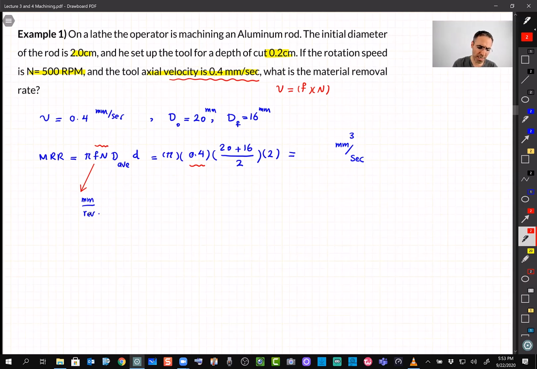So what is their relation? f multiplied by N gives you the linear velocity. All right, guys?